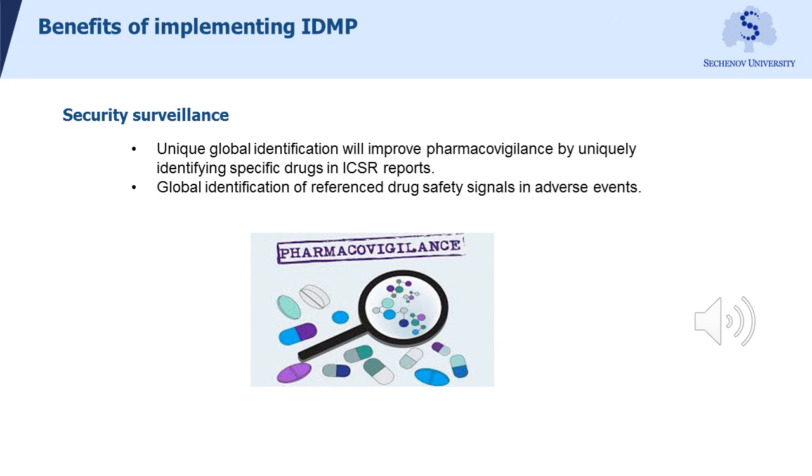Benefits of standardized description of medical products are very numerous. First of all, it is security surveillance. Unique global identifications will improve pharmacovigilance by uniquely identifying specific drugs. Also, global identification will help to receive referenced drug safety signals from other countries.